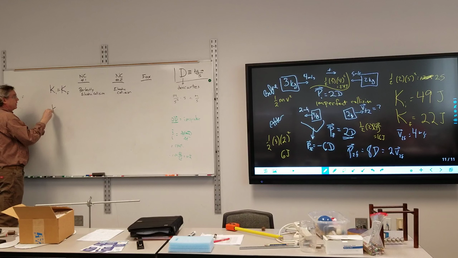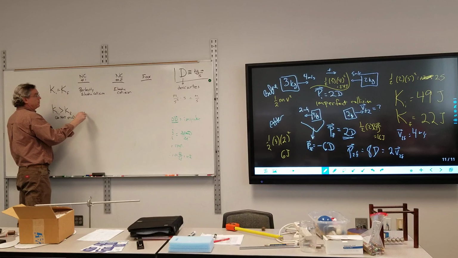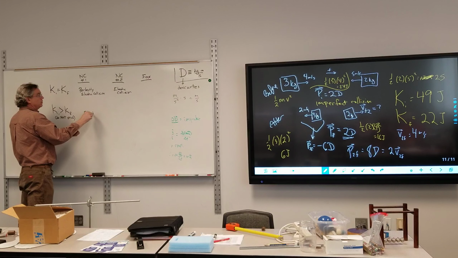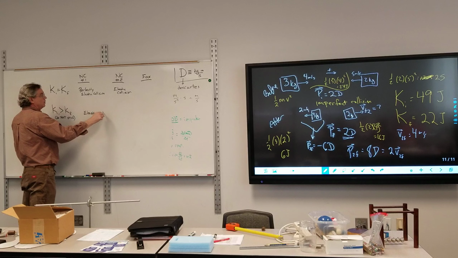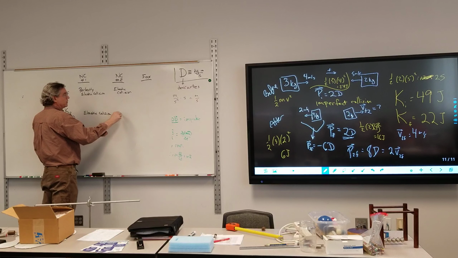Now, if the initial kinetic energy is bigger than the final kinetic energy, and they do not stick, under naming convention number 1, this is called an elastic collision, and under number 2, this is called an inelastic collision.